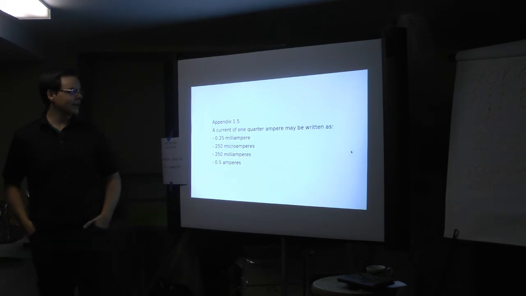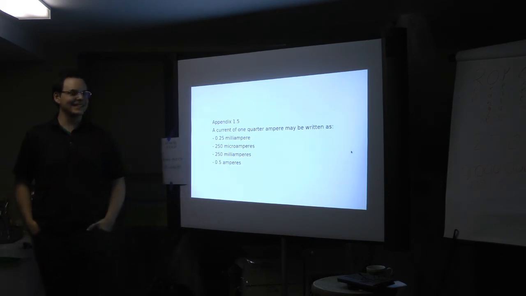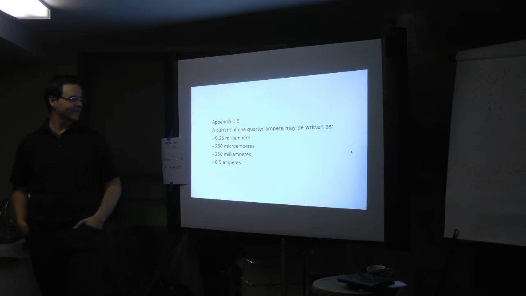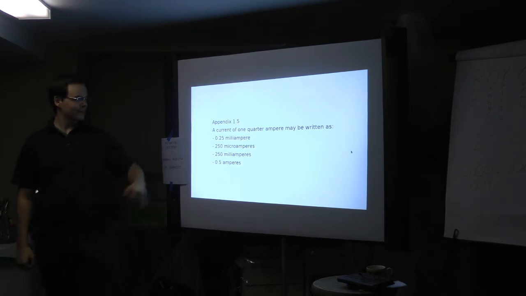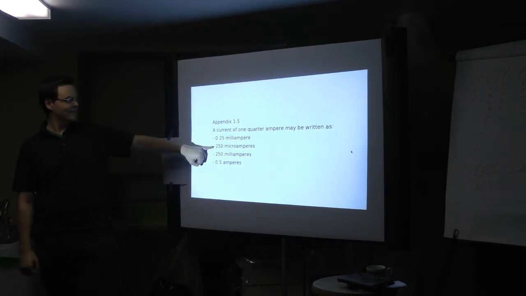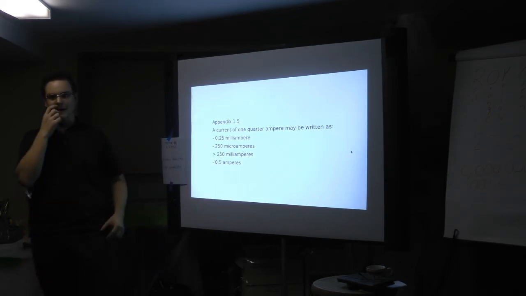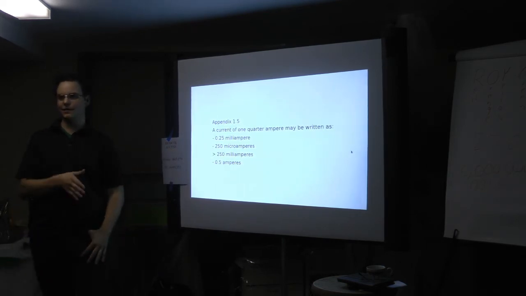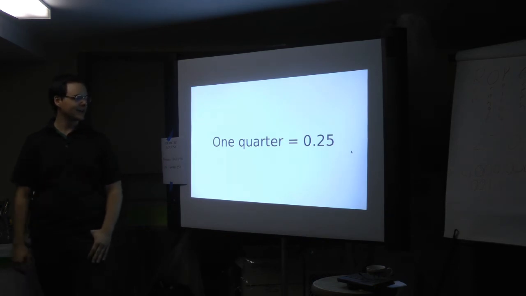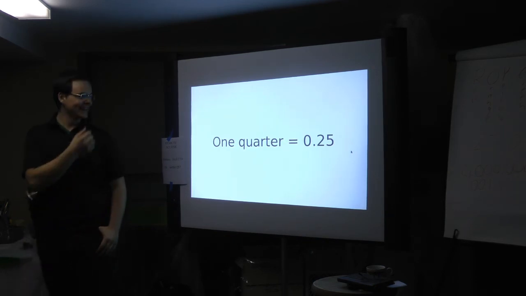The current of 1/4 ampere may be written as? 0.25. 250 microamps? Milliamps? All right, what do we got? Third one. So again, micro is 3 decimal places lower than milli, and 1/4 is 0.25.